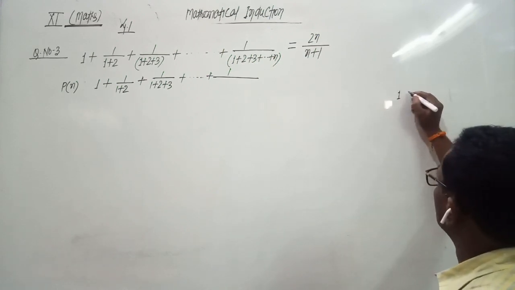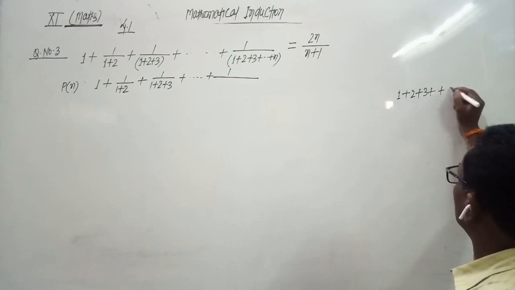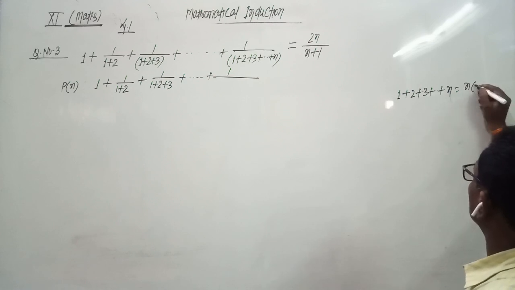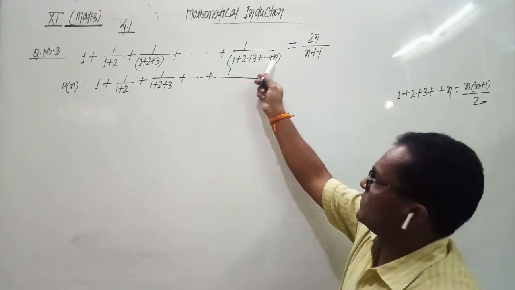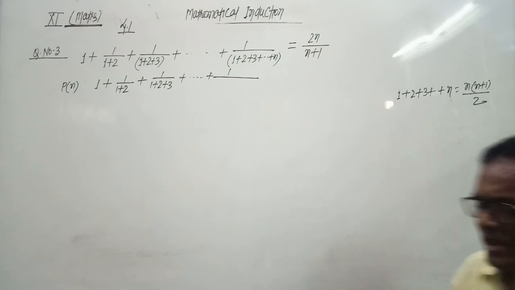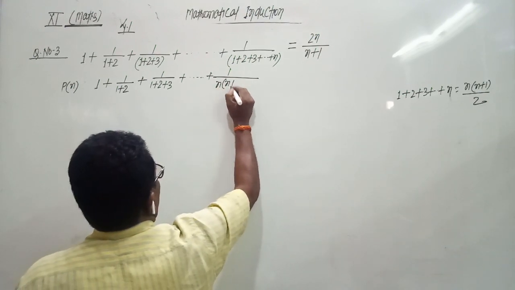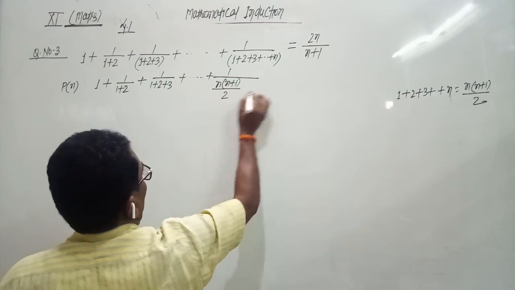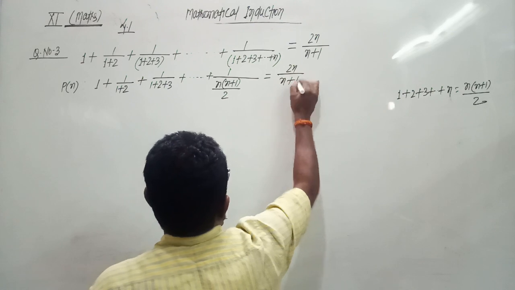We know that sum of n terms 1 plus 2 plus 3 plus n is equals to n into n plus 1 by 2. So at the place of the sum of first natural numbers, we can write n into n plus 1 by 2, and this is equals to 2n upon n plus 1.